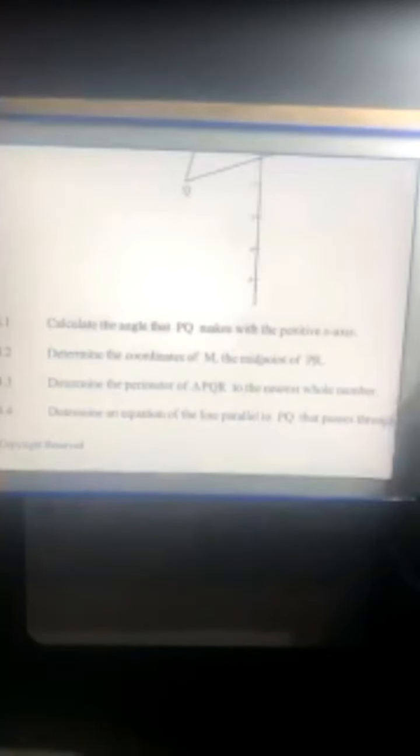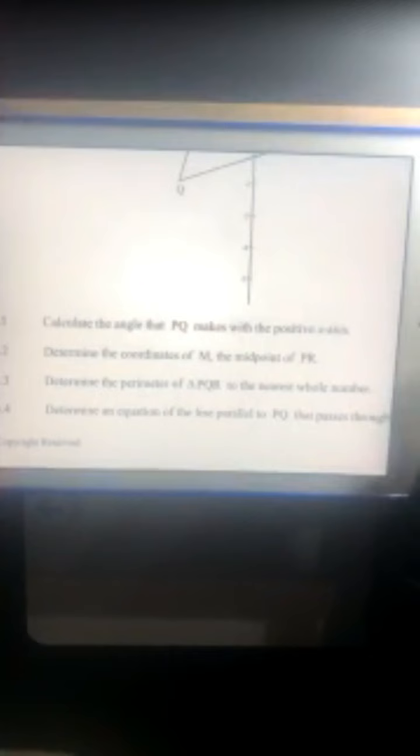It is very, very much important, ladies and gentlemen, that you are able to identify the cream of the question. The word determine is not the cream, because if that word is removed, what remains is the perimeter of triangle PQR to the nearest whole number, and you can actually answer the question without the word determine.